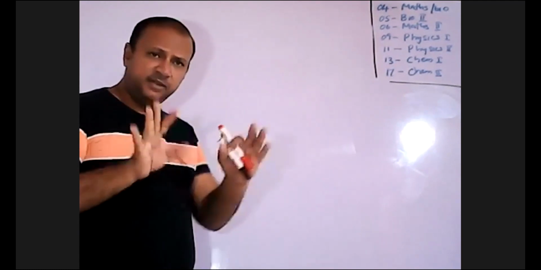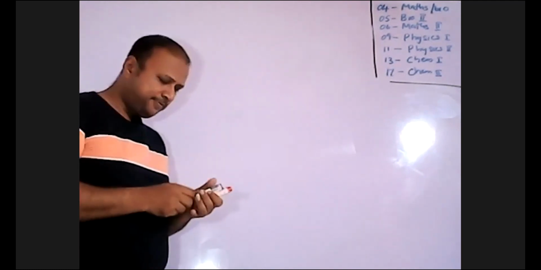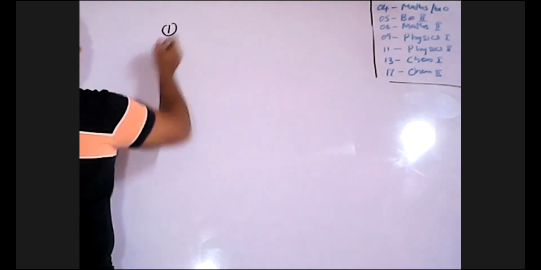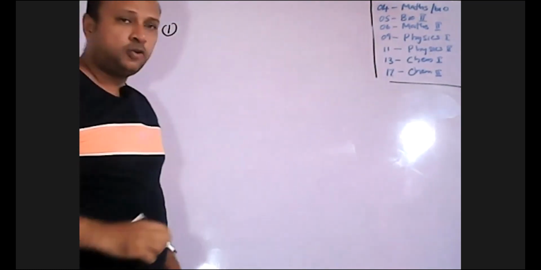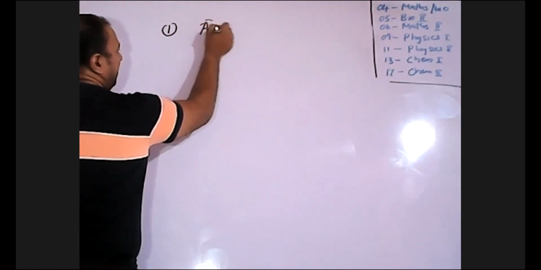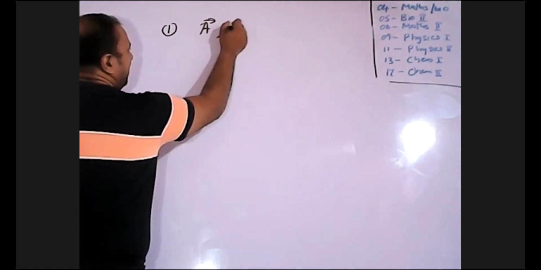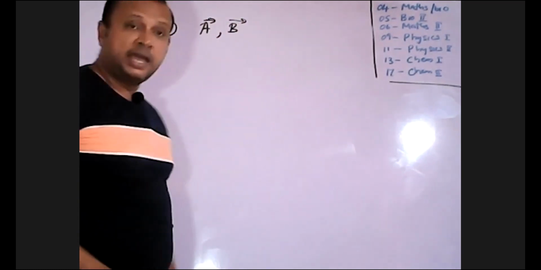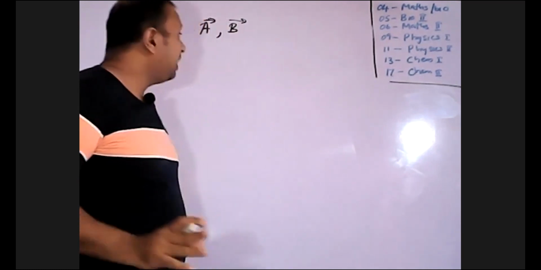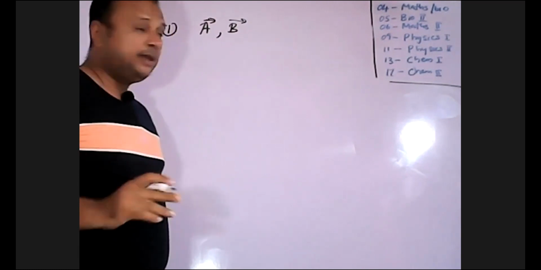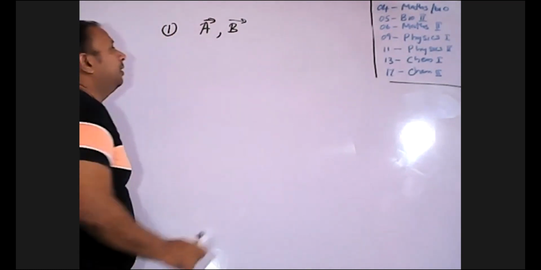I will give an example of how to convert that. Suppose there are two vectors A and B, and both are not equal to 0. That means both are greater than 0.